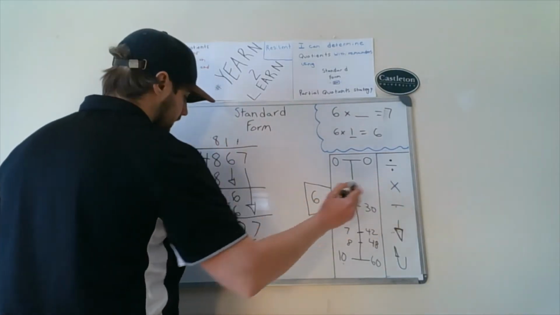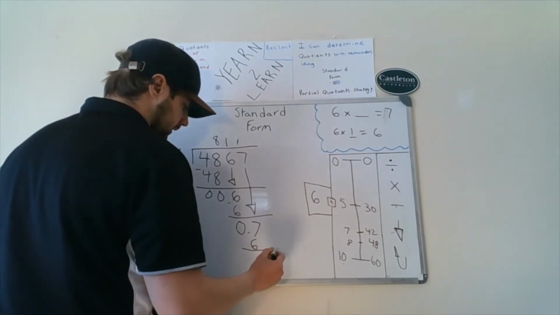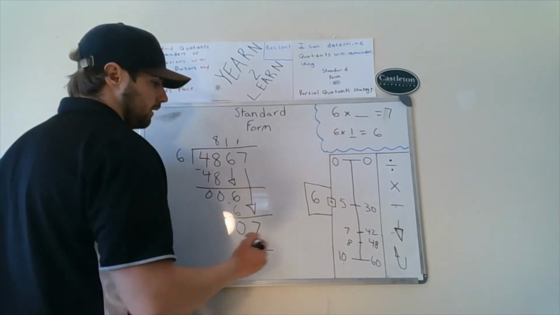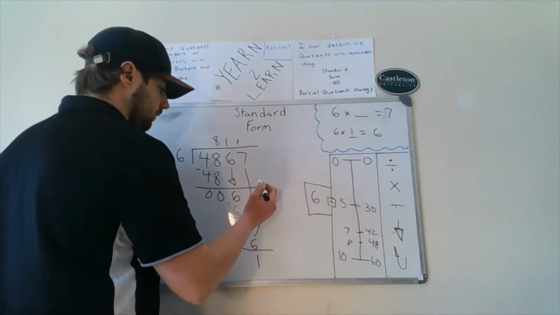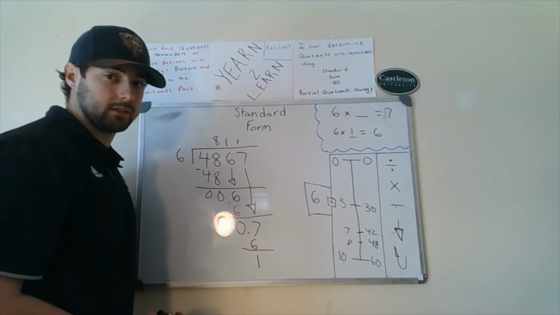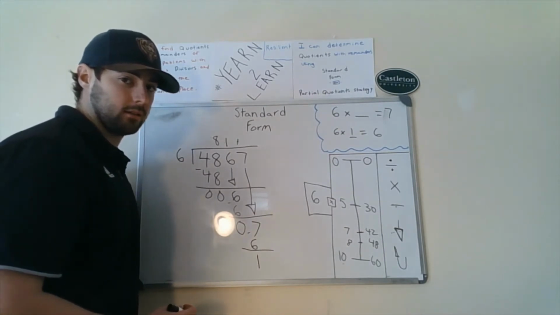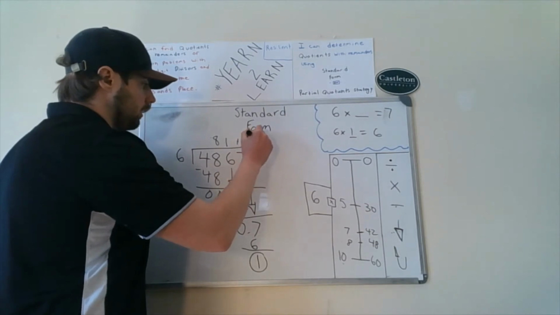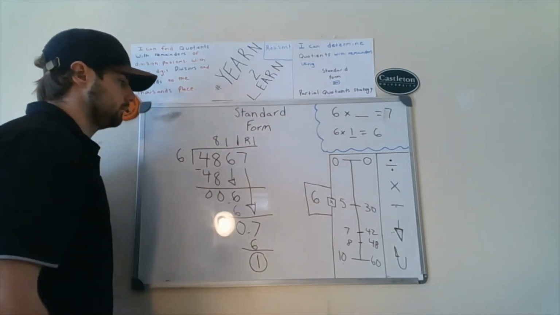I need to subtract. I subtract 6 from 7. I get 1. I need to bring on down. Oh, I got nothing to bring down, guys. What does that mean? I have a remainder of 1.